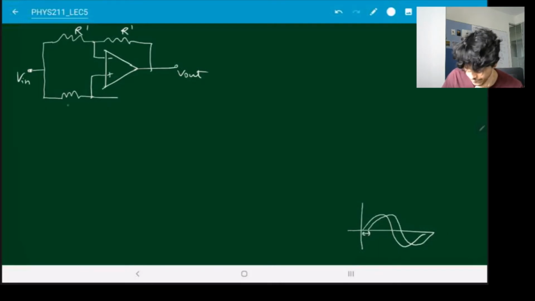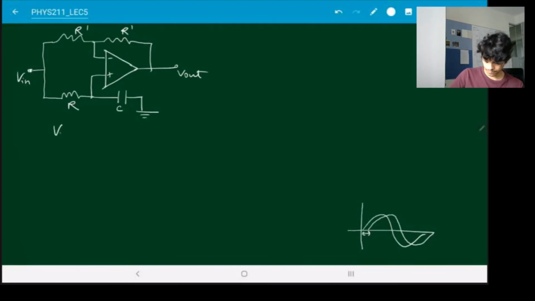So the only difference is that over here, now I'm going to put a capacitor. And now because I want to deal with phases and AC signals, I mean we've been dealing with AC signals all along, but because now I'm very concerned about not just the amplitude but also the phase, I'm going to go back and use complex numbers to denote my signals.